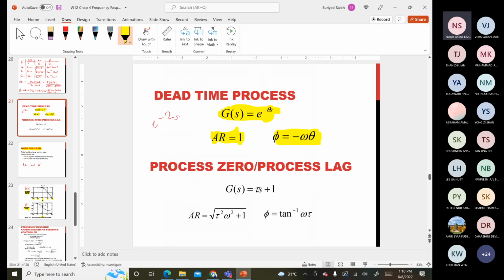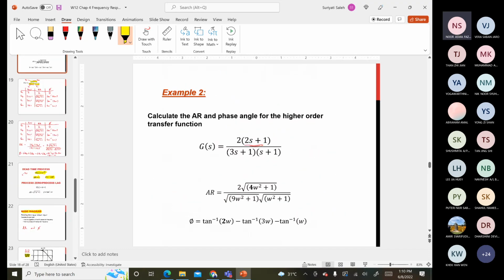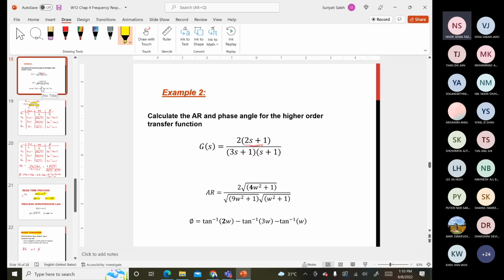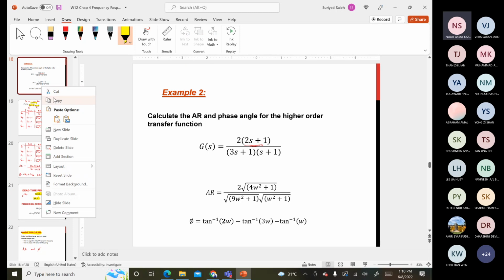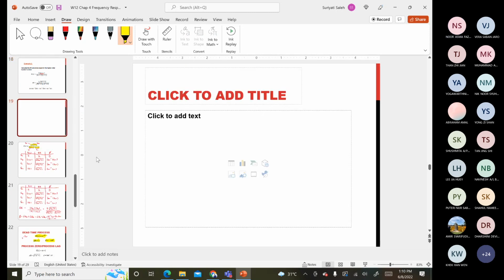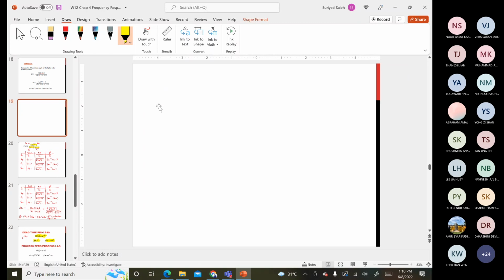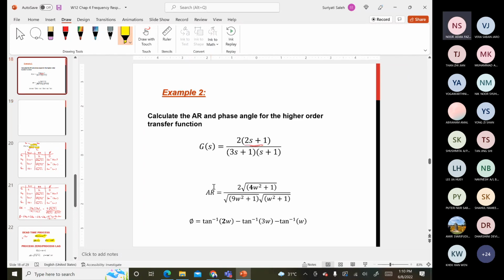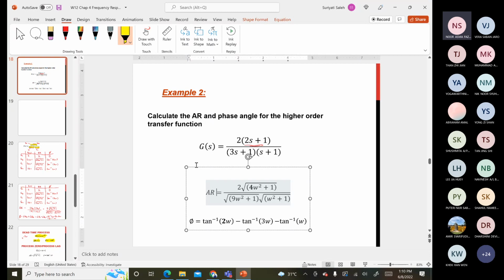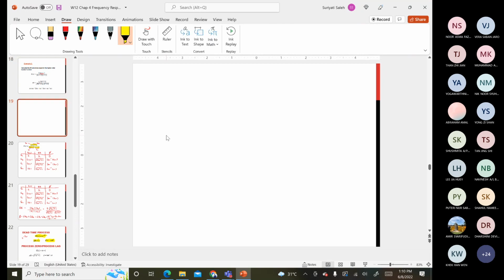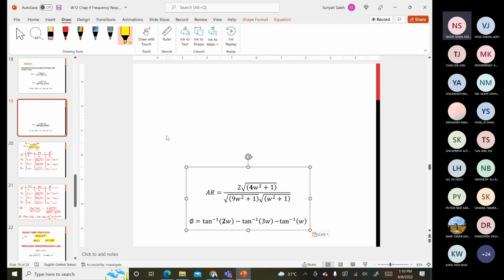So in this case, let's say we have this kind of transfer function. Let's say you have this amplitude ratio and the phase angle. What you are going to do is to plot the Bode diagram.